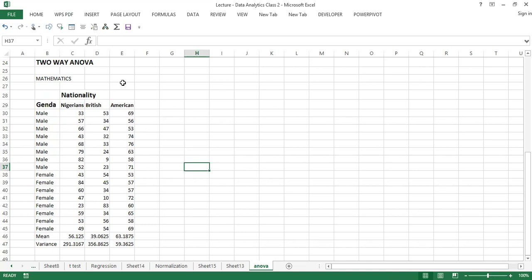Somebody wants to try? We are talking about gender and nationality here. So we are comparing the two to see if there is anything. We are comparing the means here, the mean scores of the Nigerian students, British students, and the American students.